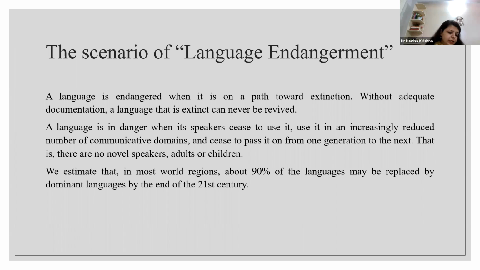Then we have the critically endangered language, which is spoken only by very few of the great-grandparental generation. And then we have the extinct language group, where no speakers are left to speak the language. So this is a framework, and even within endangerment there are levels.